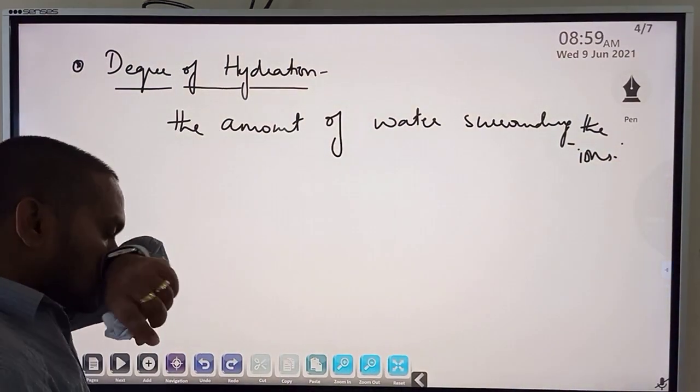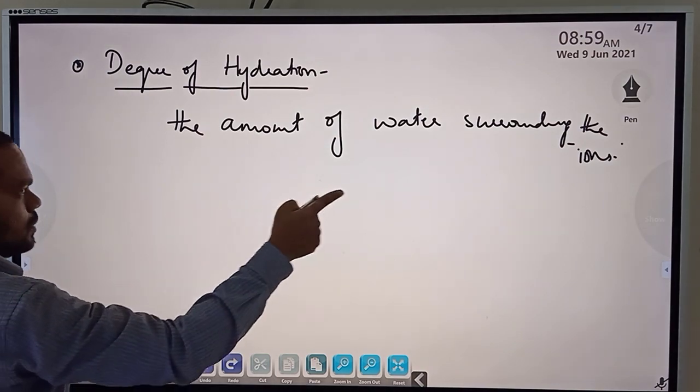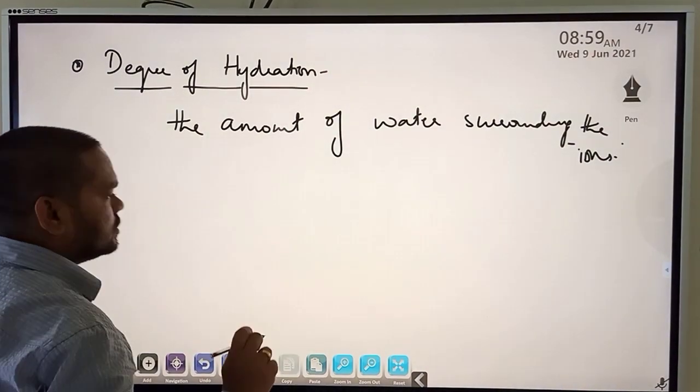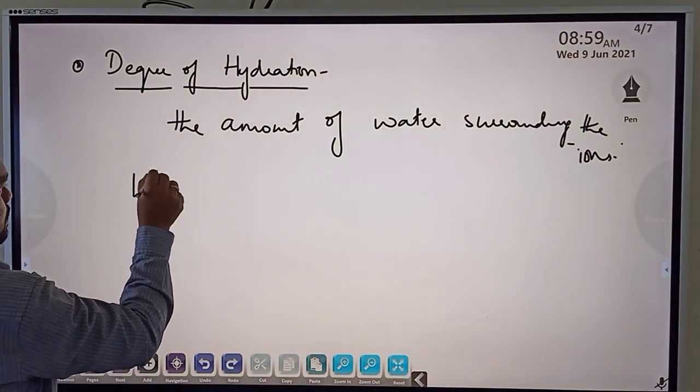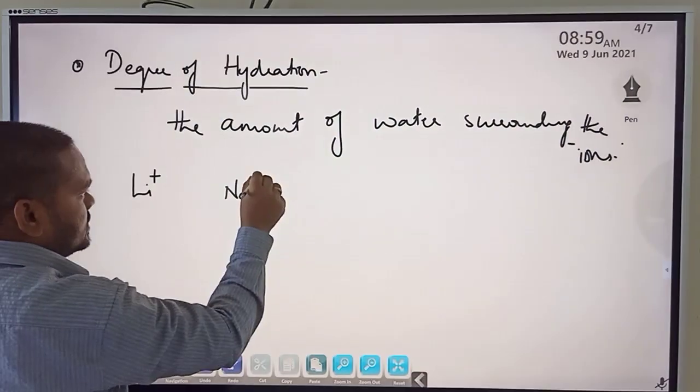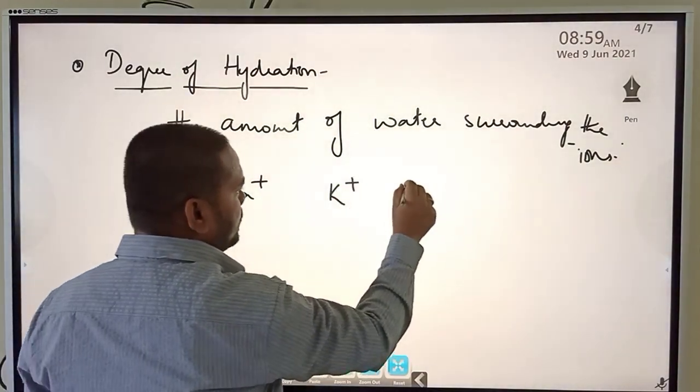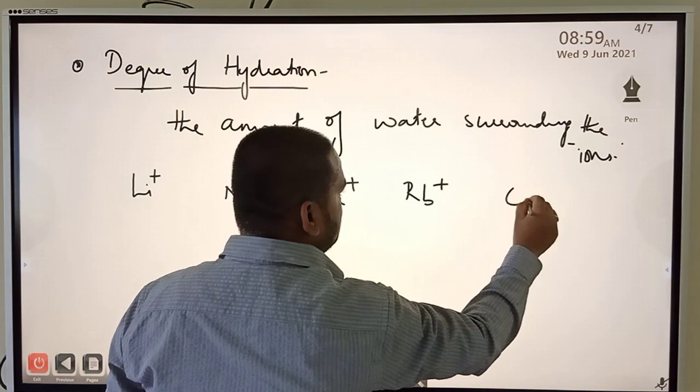So think, suppose I have the ions. I am talking about ions, not atoms. So suppose I have Li+, Na+, K+, Rb+, Cs+.